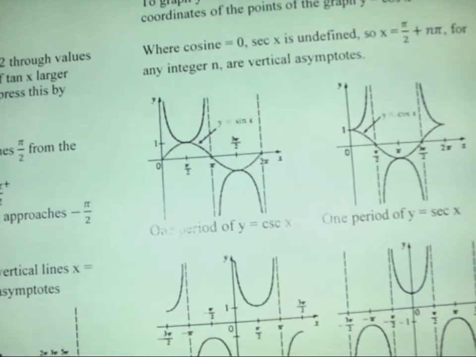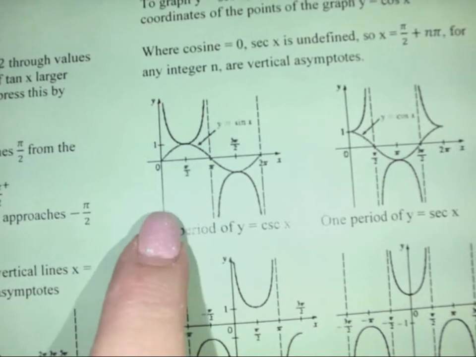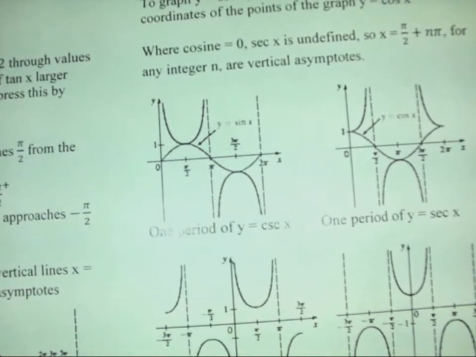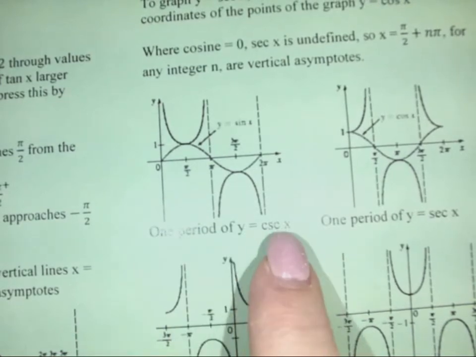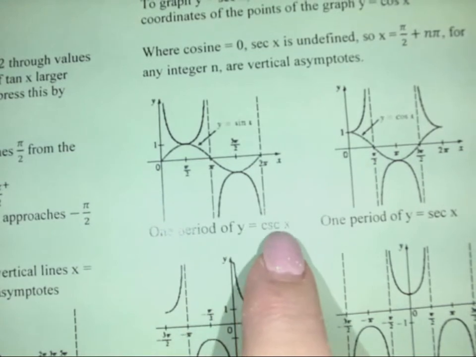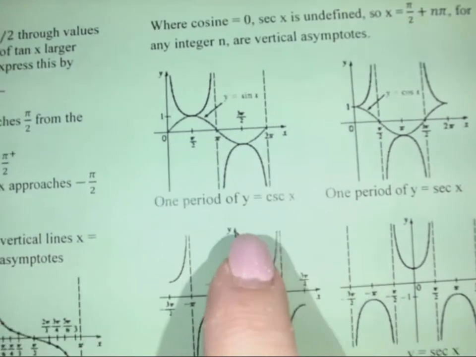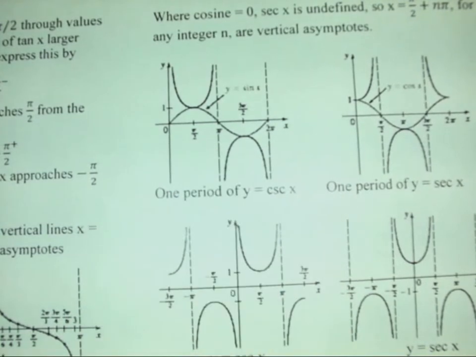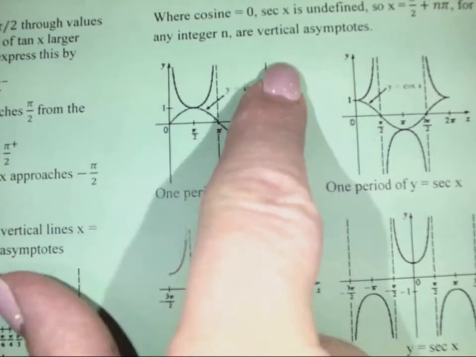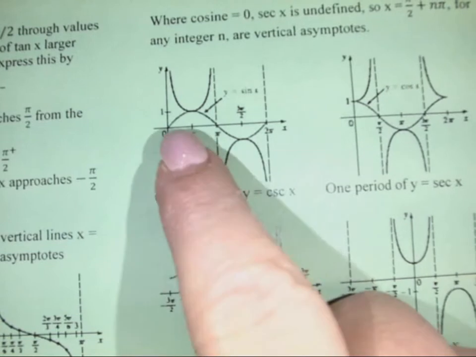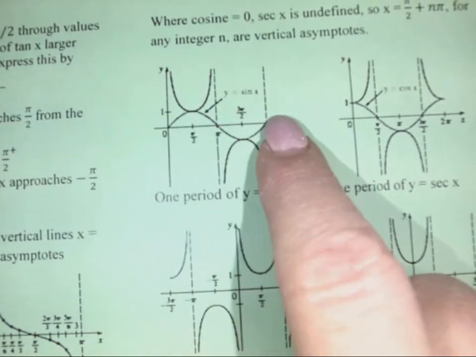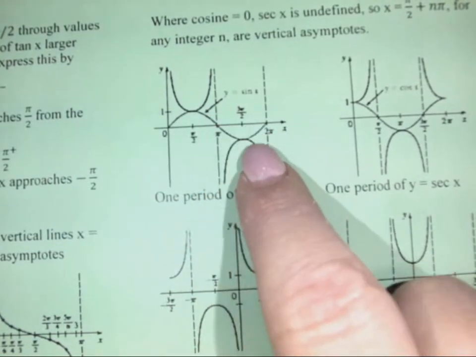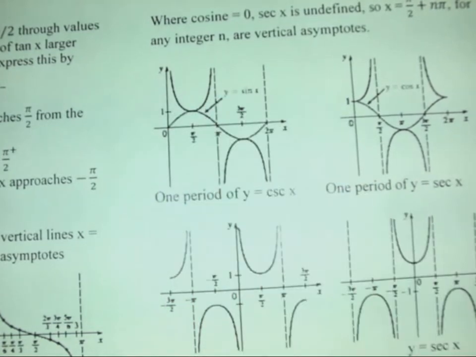It's where sine will have our issues, because wherever sine is equal to 0, which is at 0, pi, and 2 pi, we will have vertical asymptotes. This graph kind of shows you what the sine curve would be, so you can see that the cosecant comes up and touches that. We won't draw it with a sine, it just helps you see it.